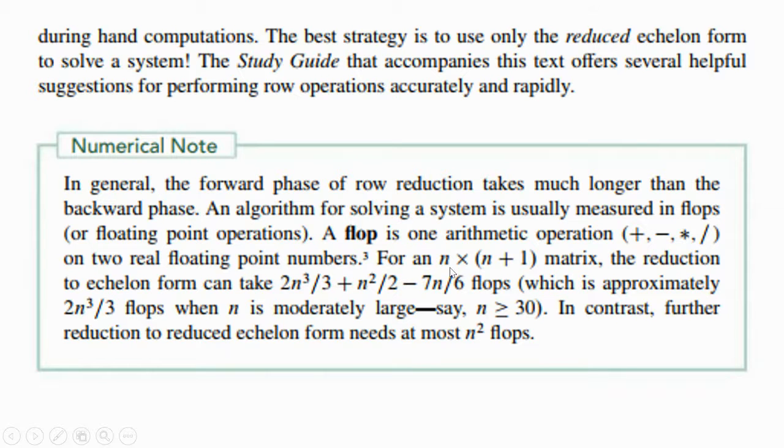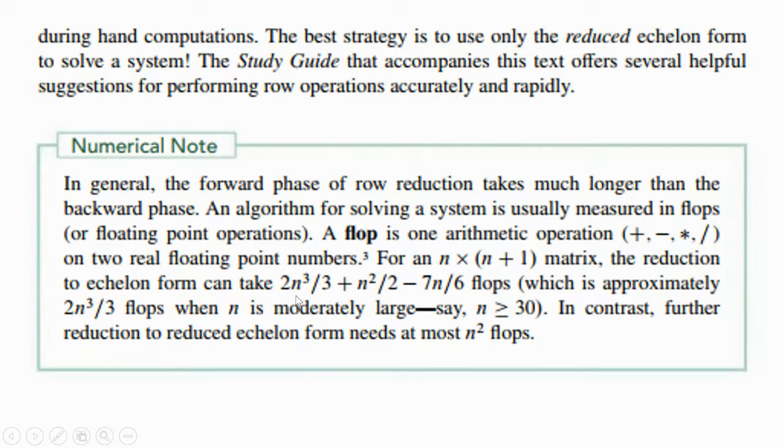Okay, so for an n by n plus 1 matrix, that is n rows and n plus 1 columns, the reduction to echelon form can take 2n cubed over 3 plus n squared over 2 minus 7n over 6 flops. When you're talking about the order of magnitude, it is of order 2n cubed over 3, because that's the highest order term.